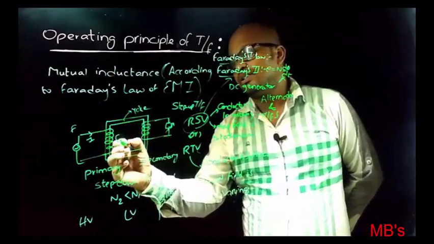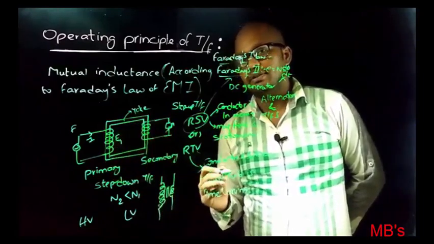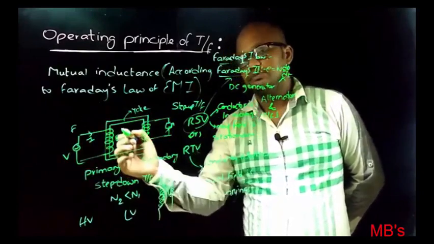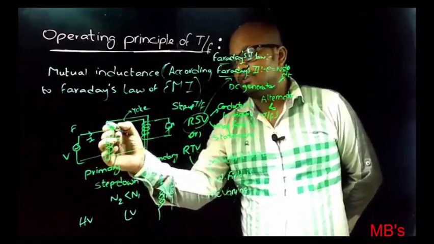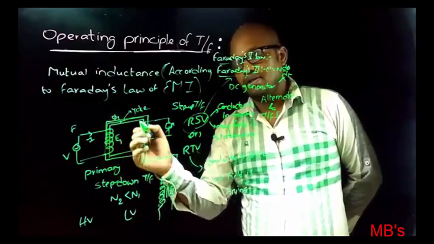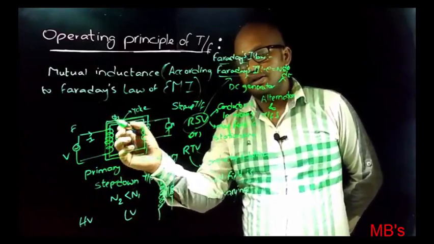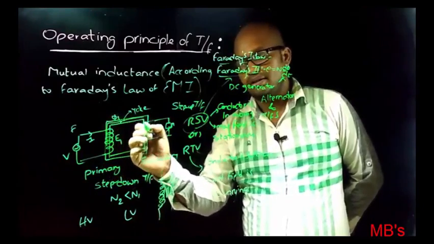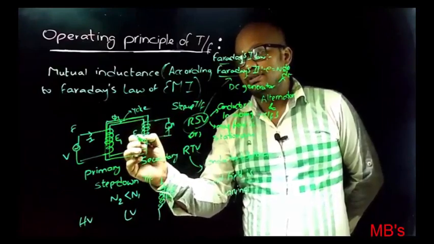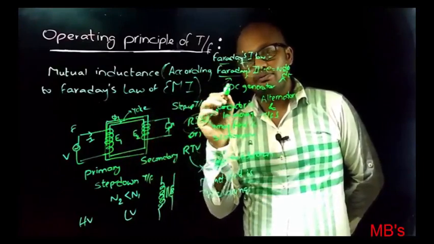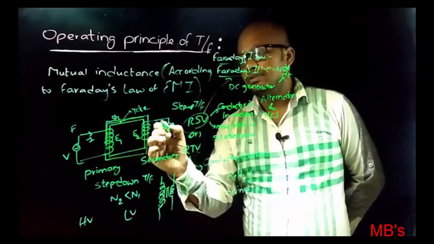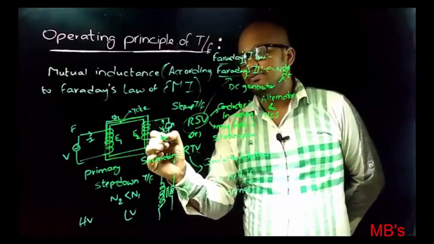Let that induced EMF be E1, and let the supply voltage be V. Now the flux, let it be phi 1, will take the path of the magnetic core, and this time varying flux will cut the secondary winding. Here there will be an induced EMF according to Faraday's second law. Let that induced EMF be E2, and let the terminal voltage be V2.